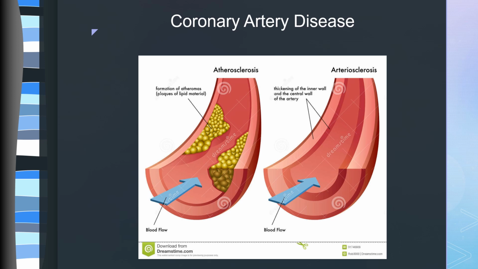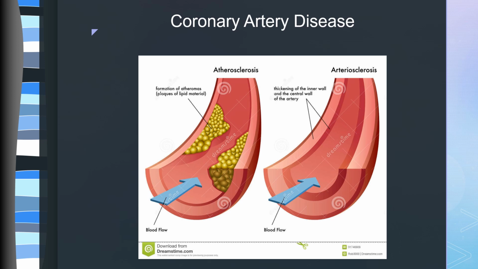The most common cause of coronary artery disease is atherosclerosis and arterial sclerosis. So what is the difference? Atherosclerosis is accumulation of lipids, calcium, carbs, fibrous tissue, and plaques on the lining of blood vessels, and this results in stenosis, obstruction, aneurysm, ulceration, and/or rupture. So that's the picture on the left.